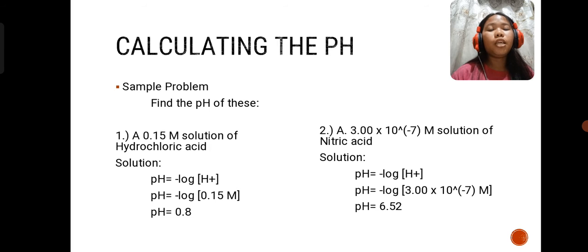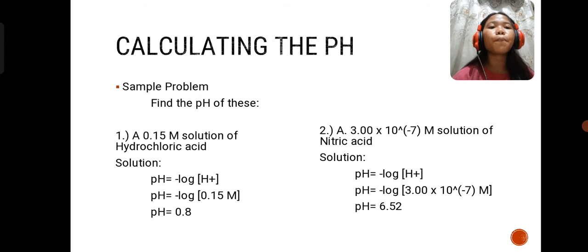Just put the value of the molarity of hydrogen ion, which is 0.15 molarity, in your scientific calculator: enter the negative logarithm, then enclose the value 0.15, and it will result to 0.8.